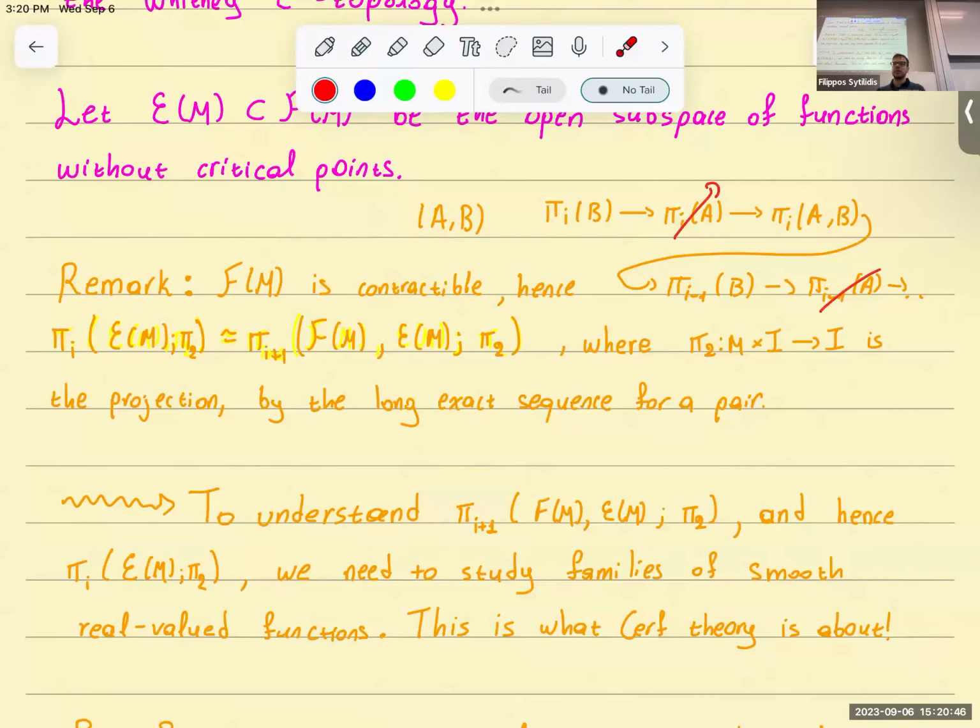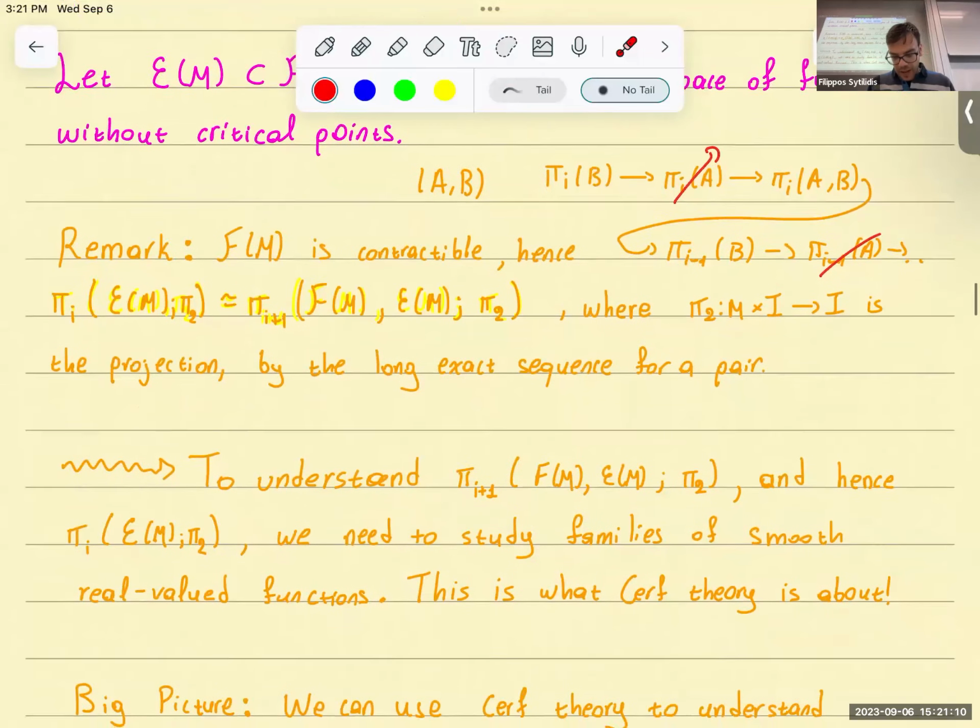This is the sort of question that you run into if you want to calculate this homotopy group. And this is precisely what Cerf theory is about, trying to understand families of smooth functions and when one can be deformed to the other. That's really what this is about.